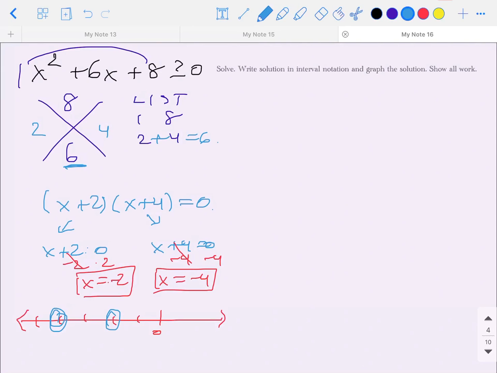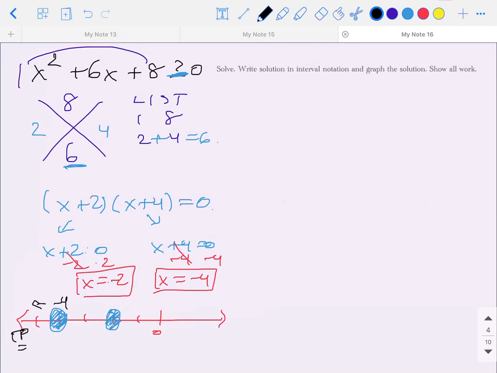The fact that this has the equal sign will tell us that this is shaded in. We just need to know how to make the interval notation. It could be this way, it could include this, it could include the left side. But we don't know yet. Test point: this is negative 4, so I'm going to go 1 to the left.